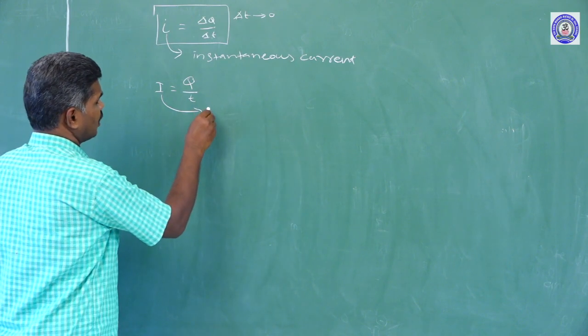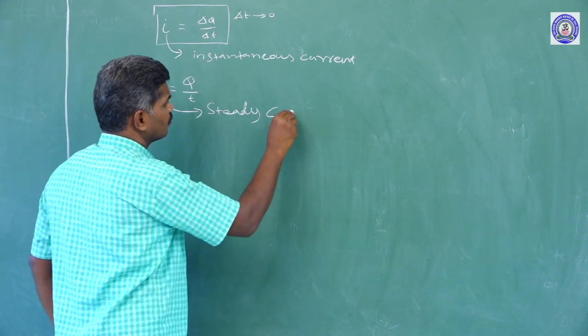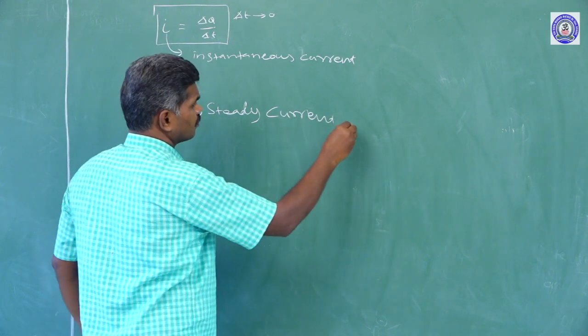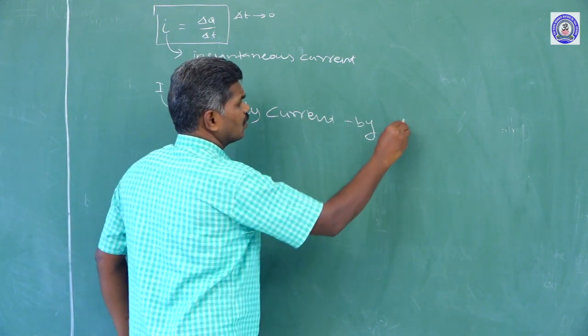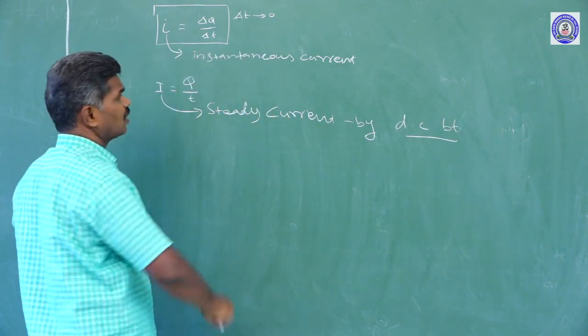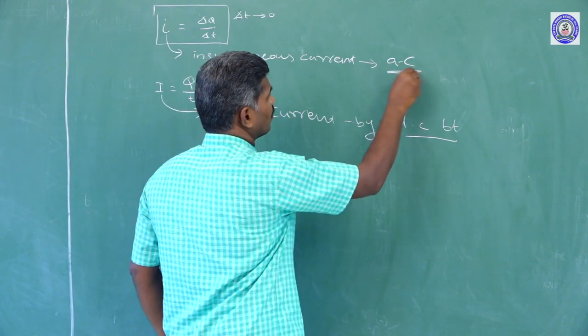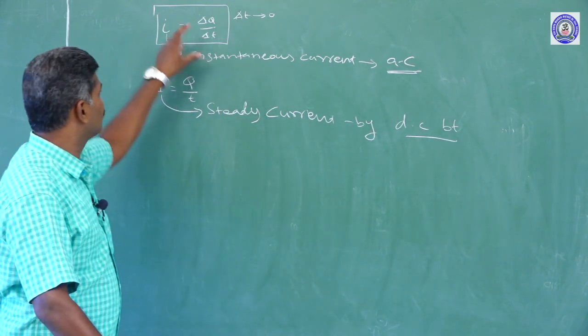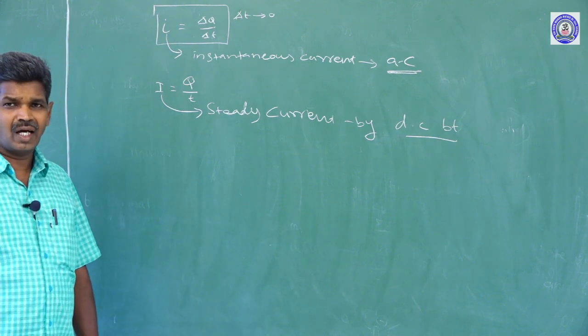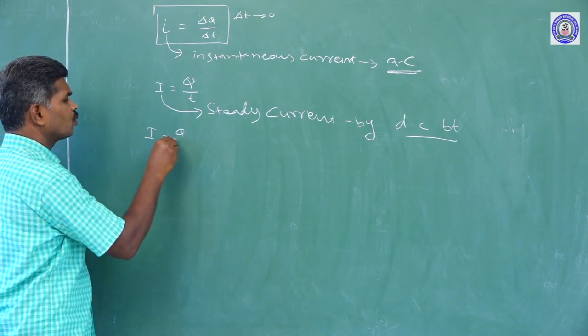A DC battery produces a steady current, and an alternating current line produces an instantaneous current. Anyhow, for that current we have the equation I equals q by t.